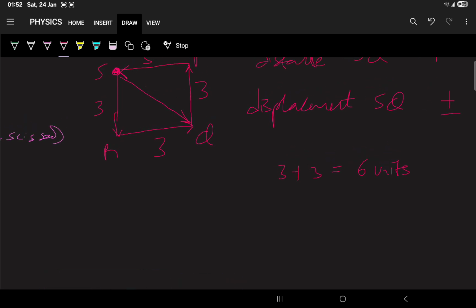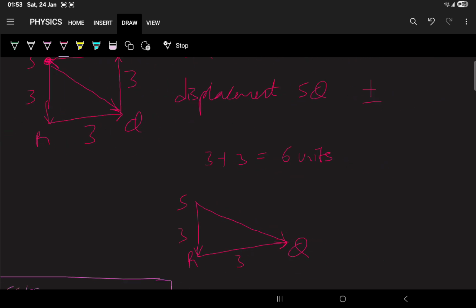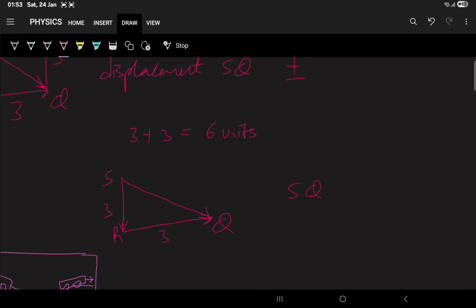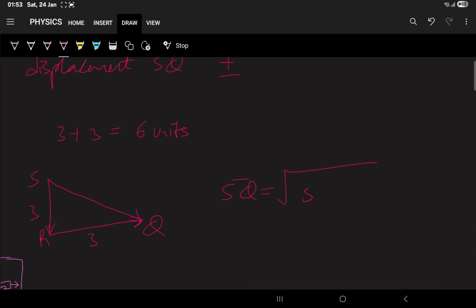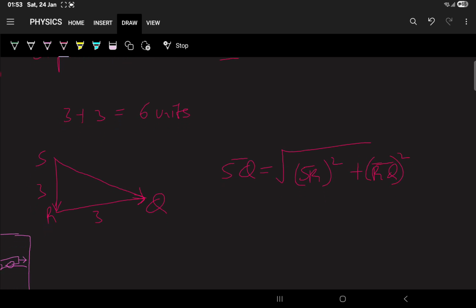Now to find the displacement, looking at SQR, taking out that portion, we have a triangle here. And from Pythagoras theorem, we have SQ to be the square root of SR squared plus RQ squared.